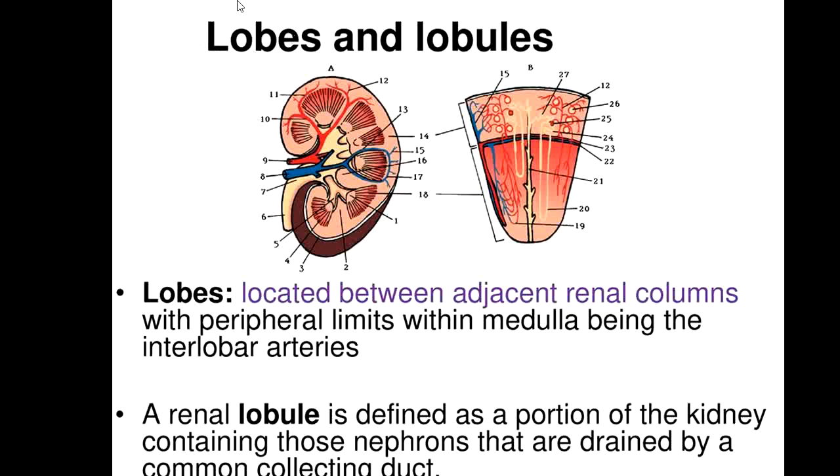It comprises only one collecting duct, collecting urine from a large number of nephrons. The lobule is the small portion of the renal lobe which contains only one collecting duct.